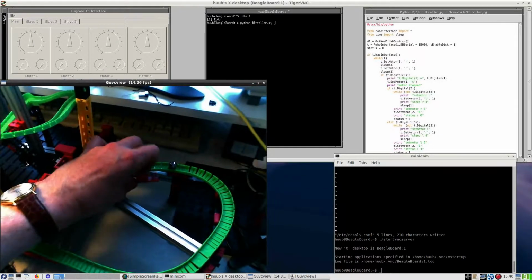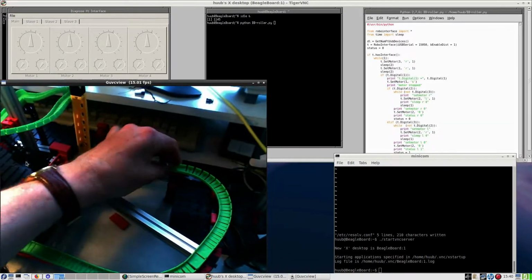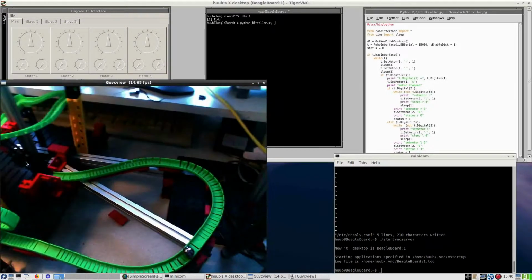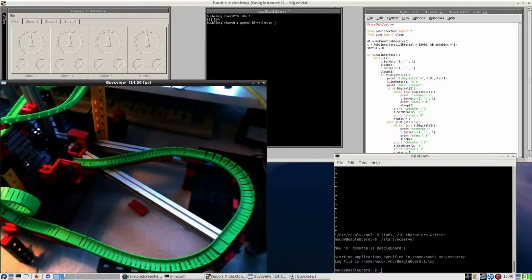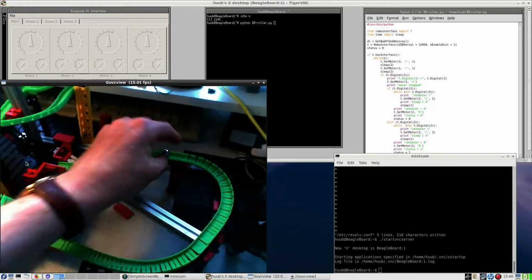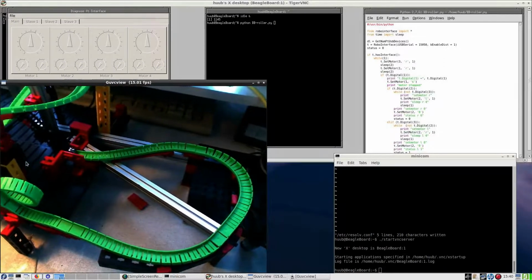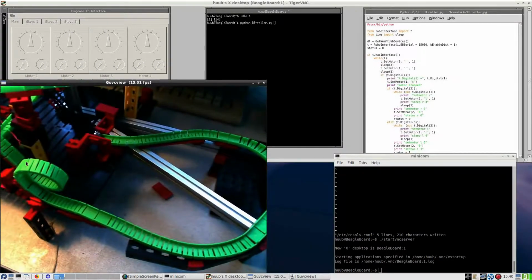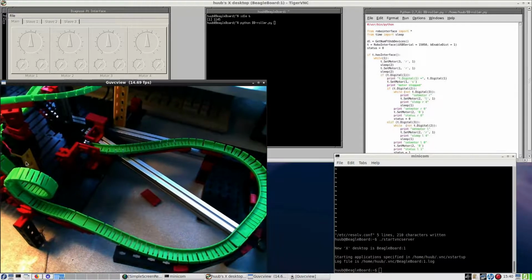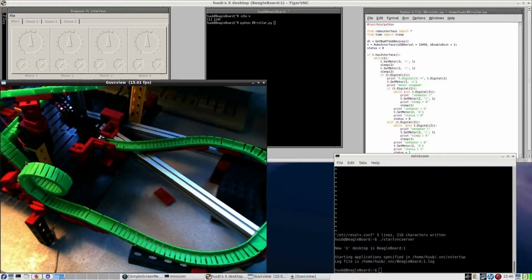Alright, let's remove it, put it again, and no, bad result. Bad result. Now it goes there. So quite a number of attempts, and almost none is successful.